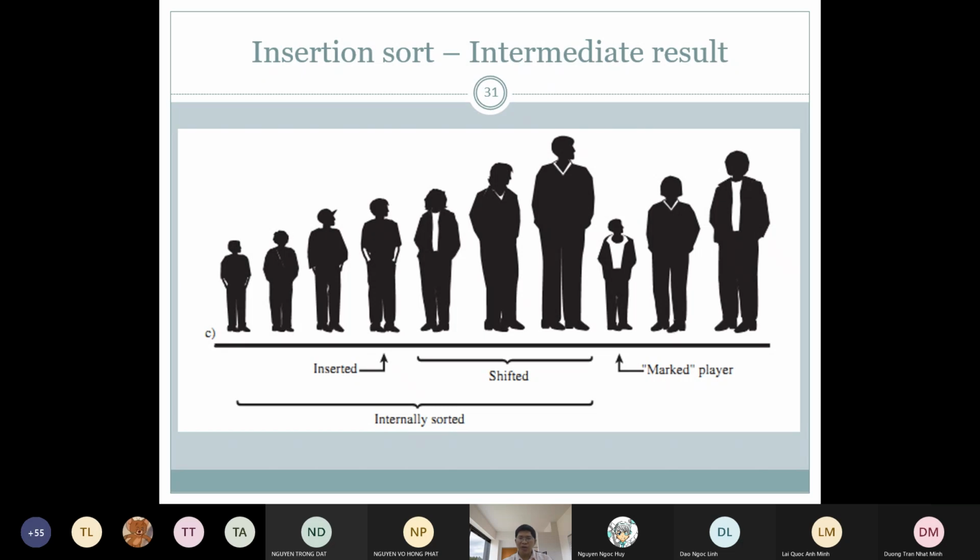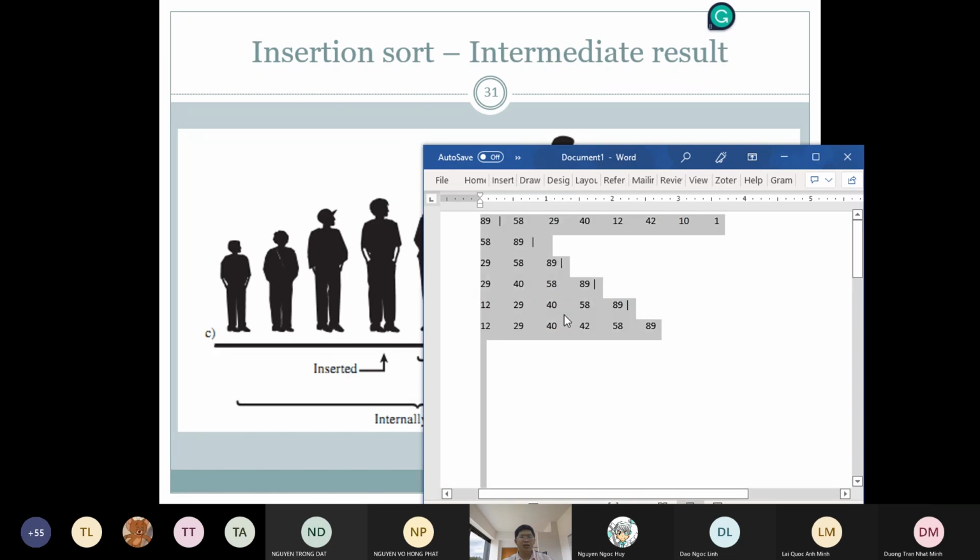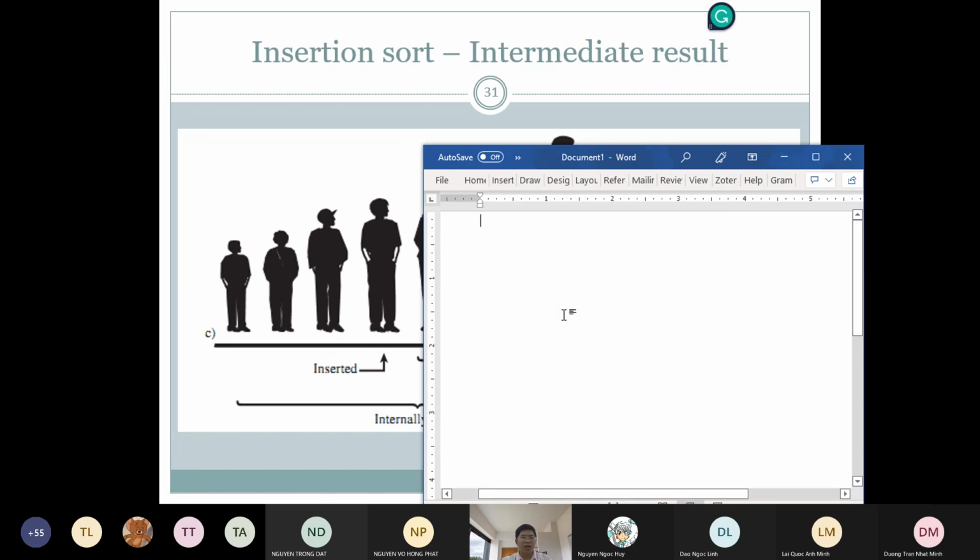I will put in some random numbers. Okay, everyone, just do it with this one. Please do the insertion sort manually, with the idea I briefly told you.